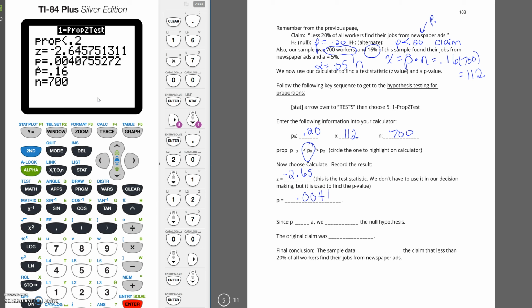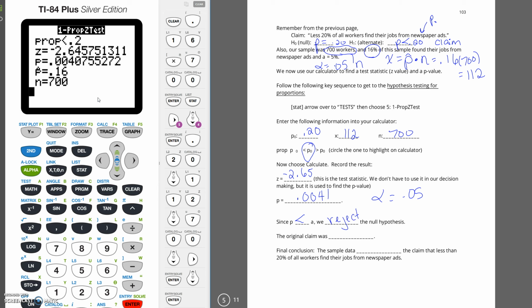And we're going to compare that to alpha. So remember, alpha was 0.05. And this number is smaller than alpha. So p is less than alpha. And remember, if p is low, then null must go. So we're going to reject the null hypothesis.